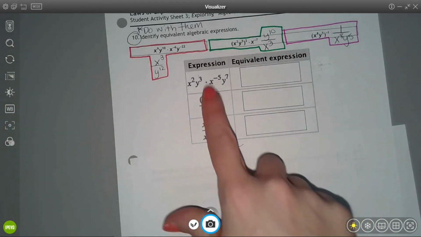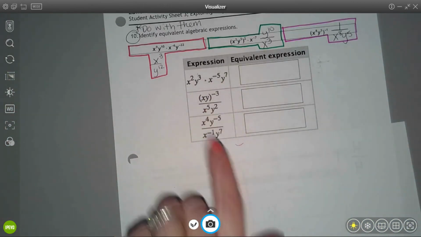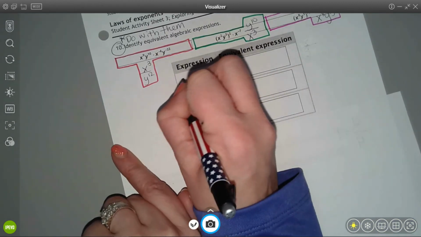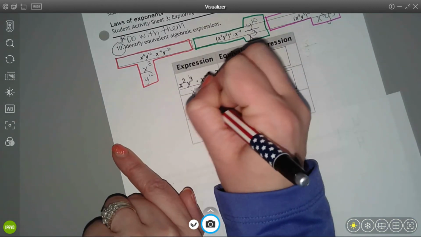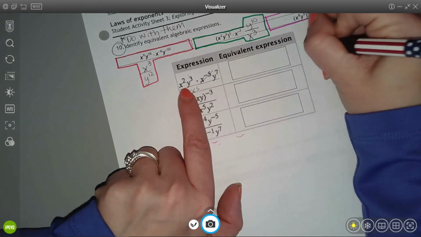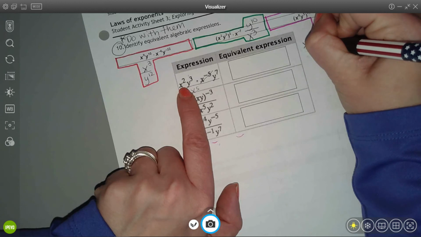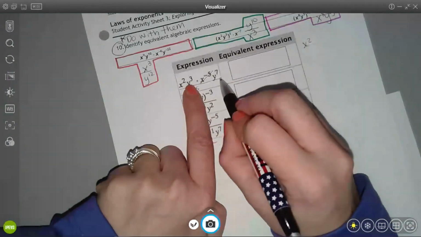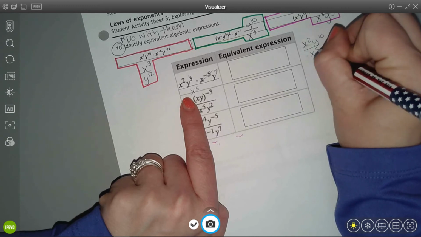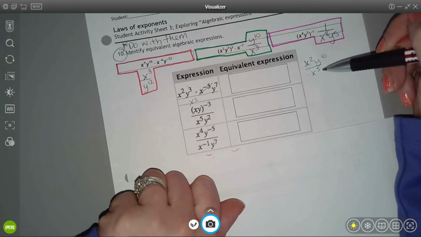Okay, so I'm going to start with this first problem here. The very first thing that I'm going to do is I'm going to move that x to the 5th to the bottom. Okay, and just to simplify things, I've got x squared, count up the y's, there's 10 of them, over x to the 5th. Now simplifying top to bottom.